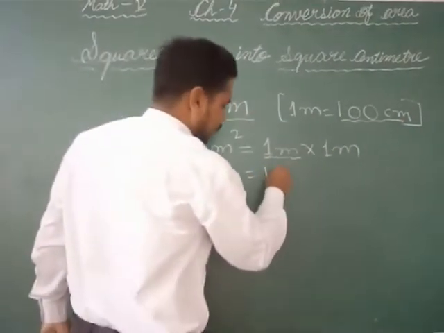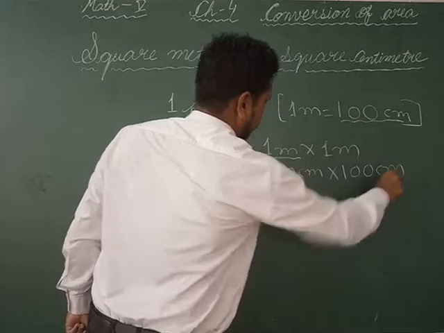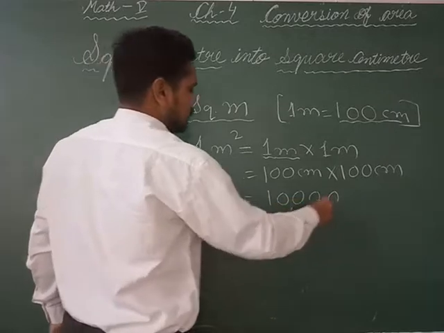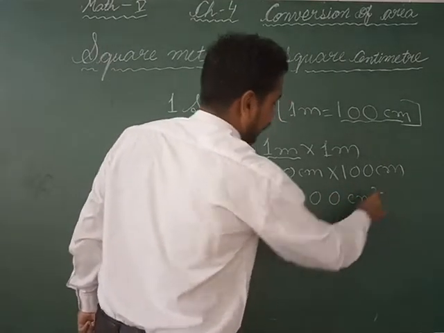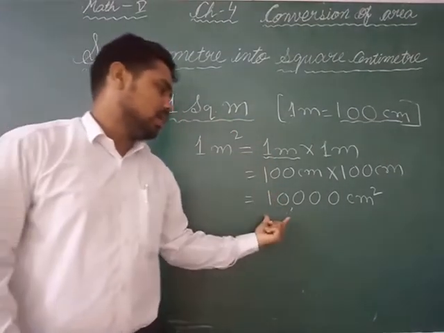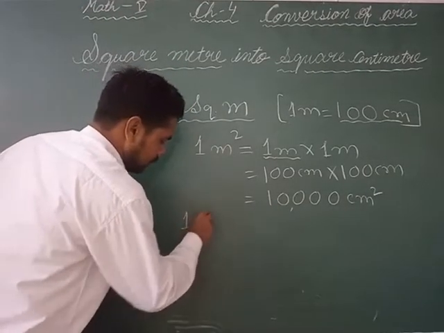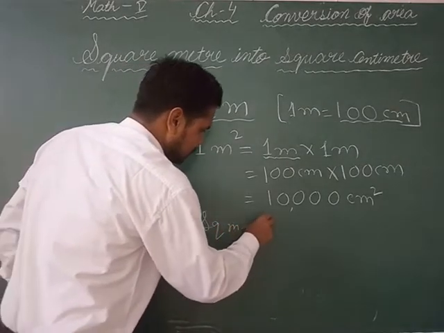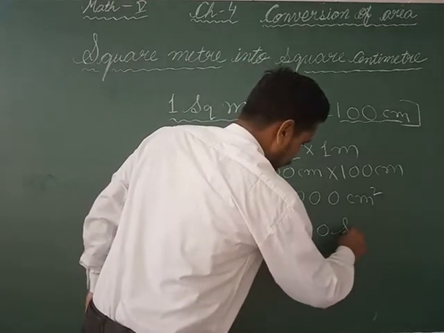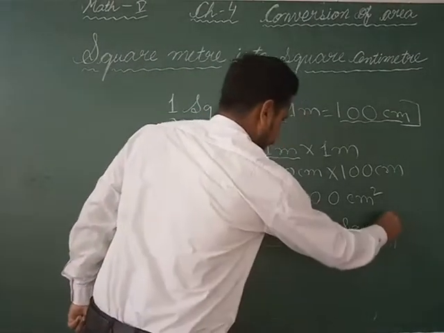So 100 centimeter into 100 centimeter gives 10,000 centimeter square, or square centimeter. So 1 meter square is equal to 10,000 centimeter square. We can write this as 1 sq m is equal to 10,000 sq cm.